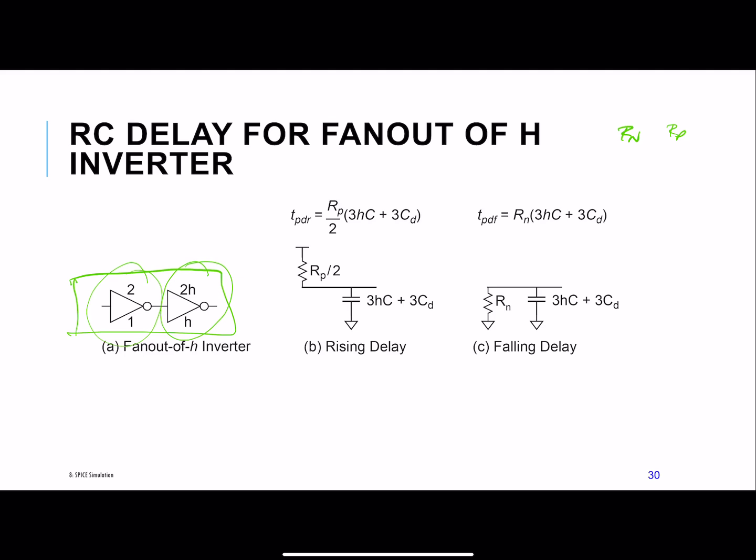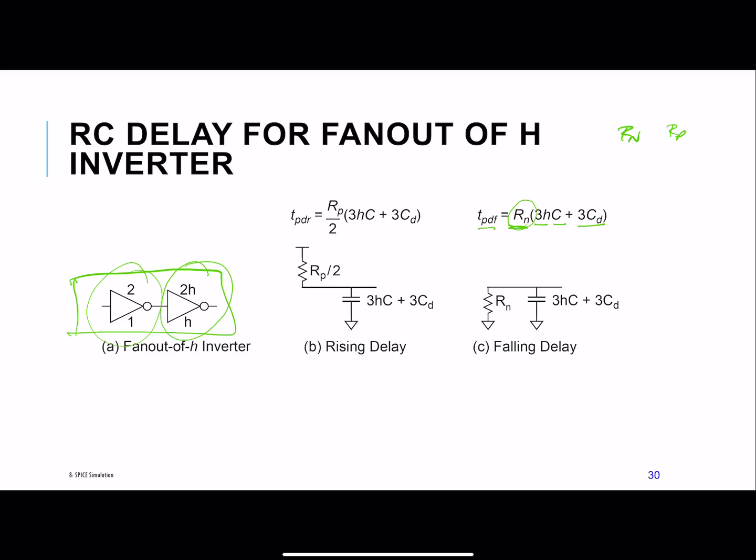Let's say you want to find the resistance of the N. The equation for the propagation delay falling is R sub N, which we're trying to solve, times 3 times the fan out number H times the input capacitance of the gate, plus 3 times the drain capacitance.